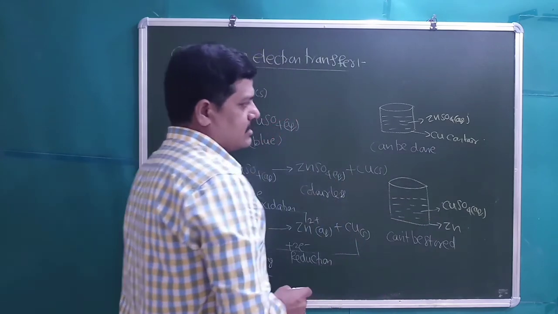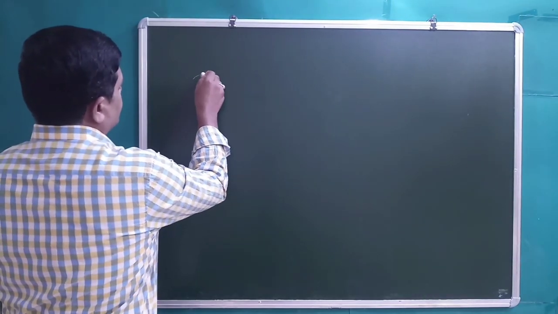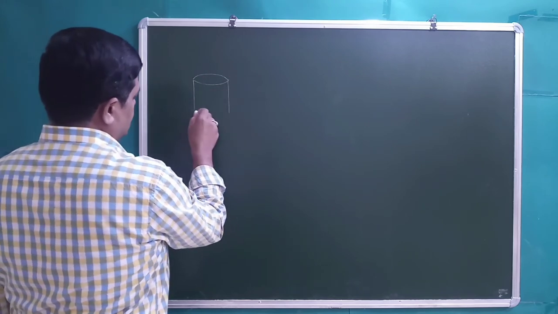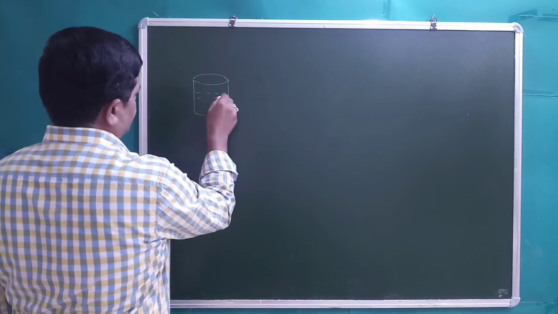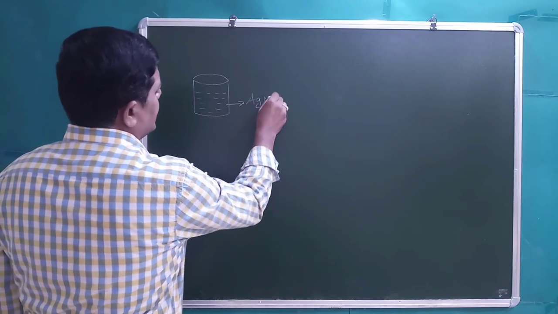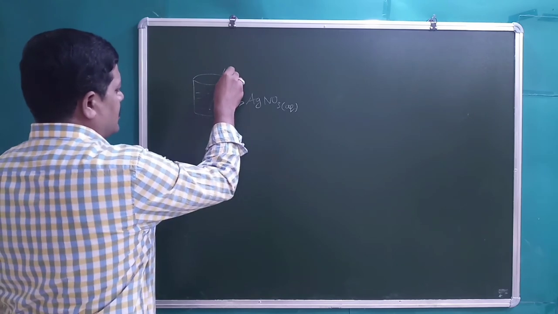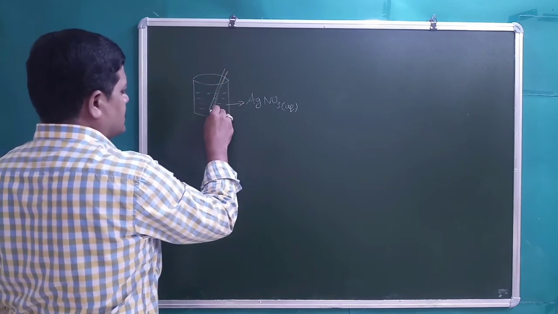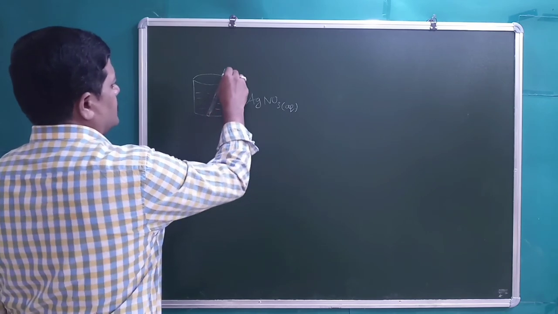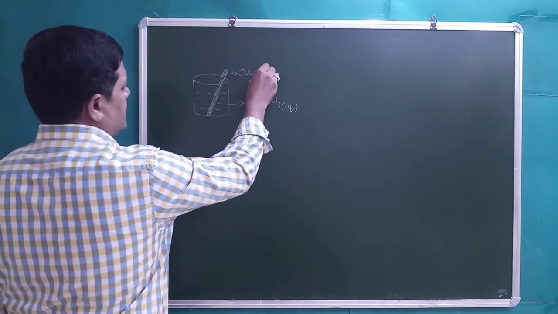Friends, let us discuss some other examples. Similarly, when a copper rod is placed in silver nitrate solution, AgNO3 aqueous, then, copper being more reactive than silver, a displacement reaction takes place.